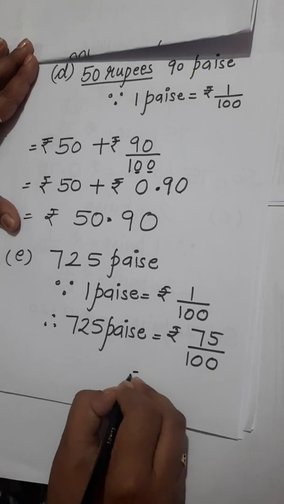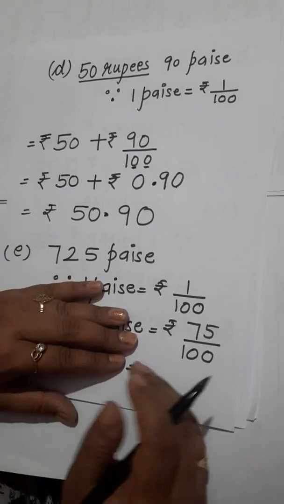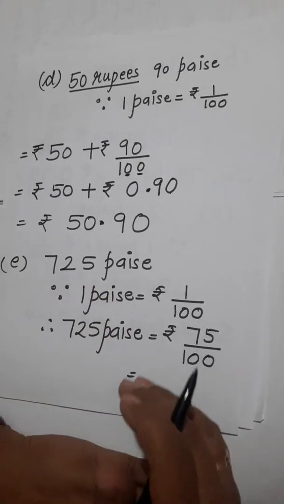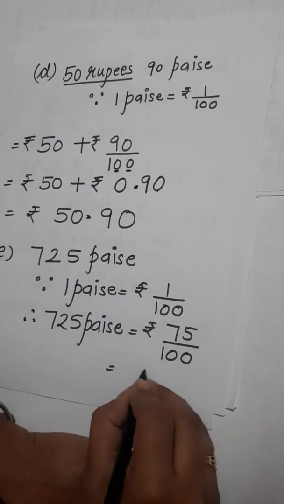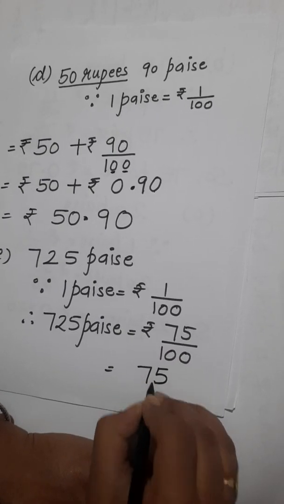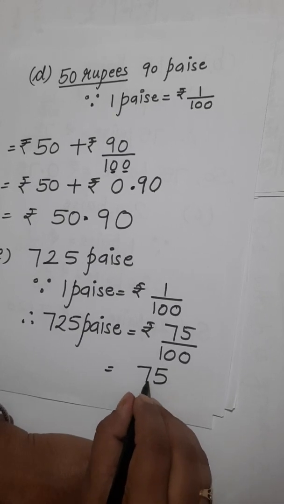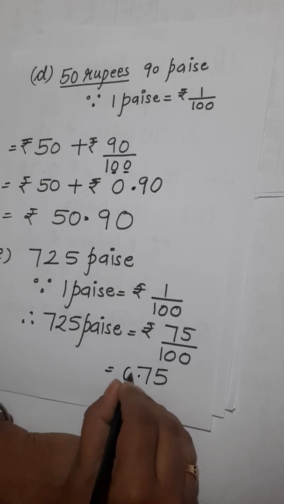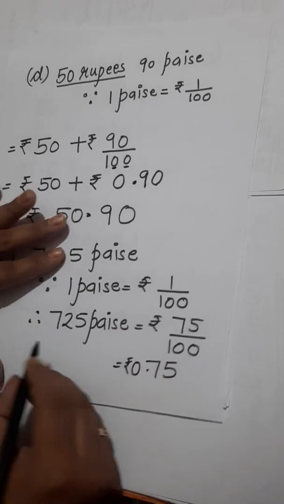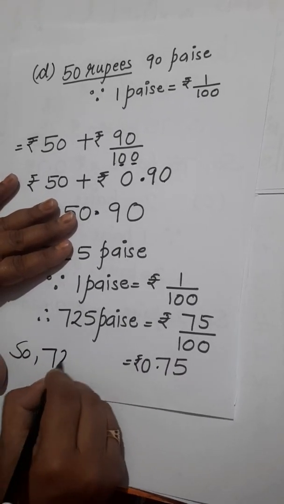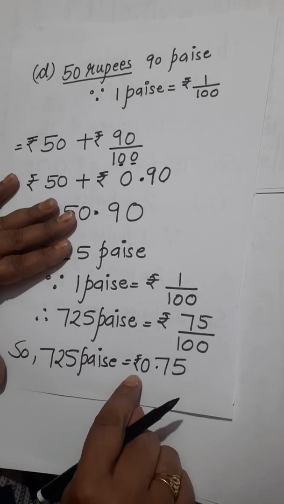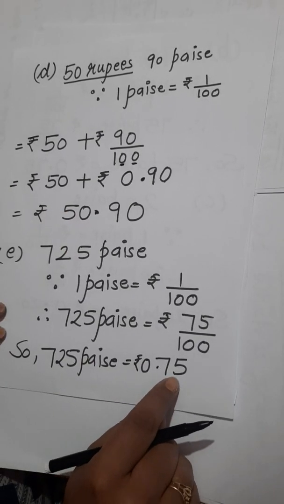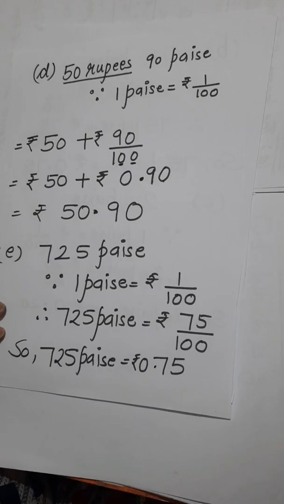In this case also we have 725 in the numerator, so you will write like this, 725. Now put the decimal after 2 digits from the right, like this. So 725 paise is equal to rupees 7.25. So this is your required answer.